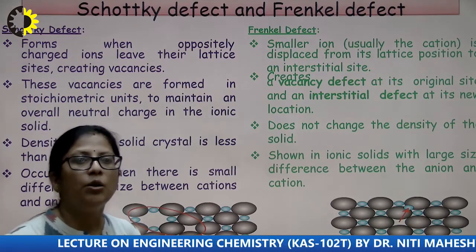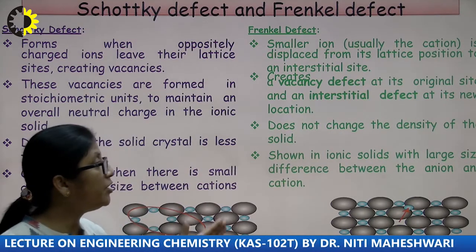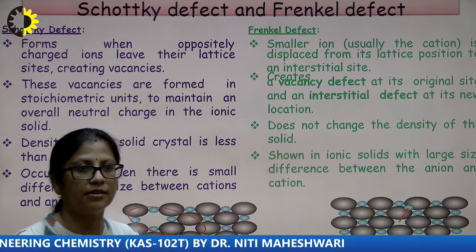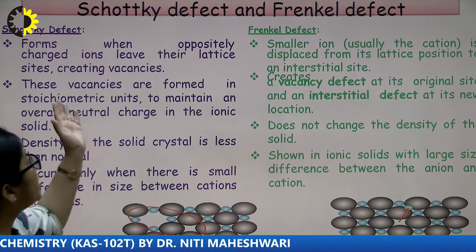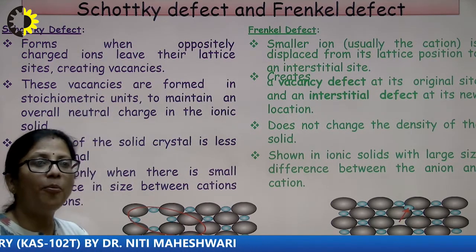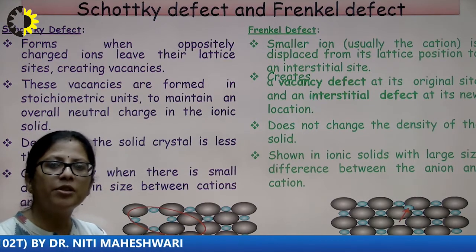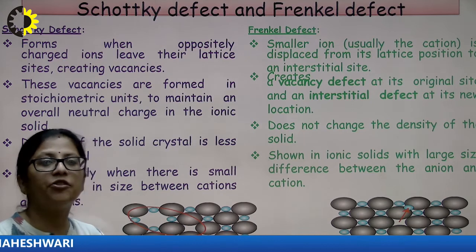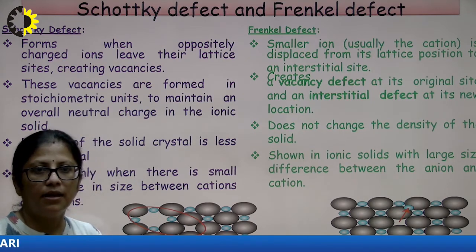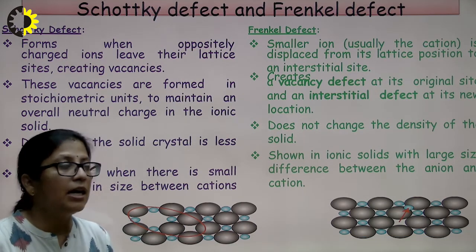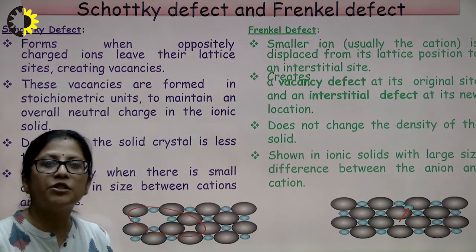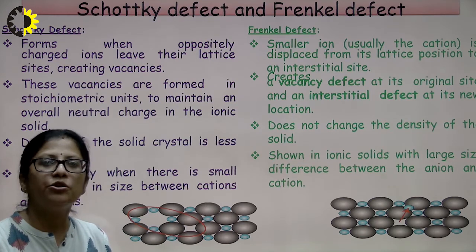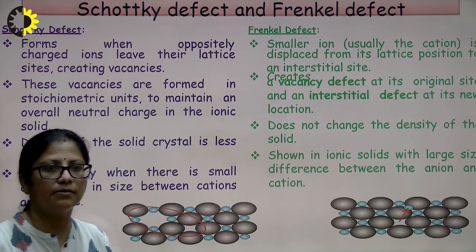Now, here we can see in a tabulated form the differences between the Schottky and the Frenkel defects. The Schottky defect is formed when oppositely charged ions leave their lattice sites and thus create vacancies. And Frenkel defects are seen when the smaller ion is displaced from its lattice position to an interstitial site.